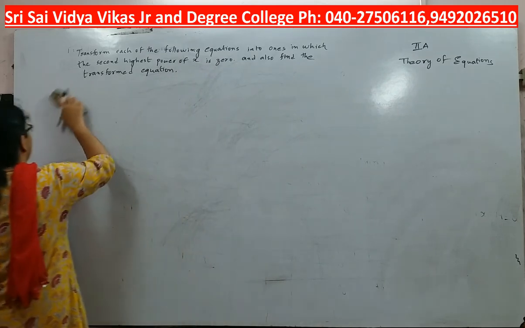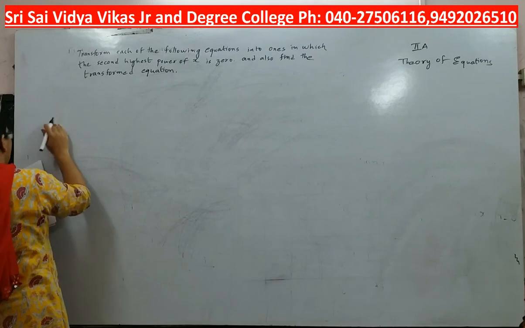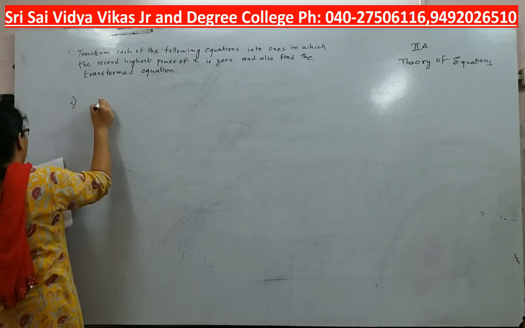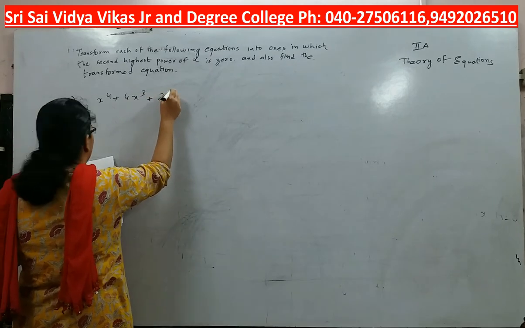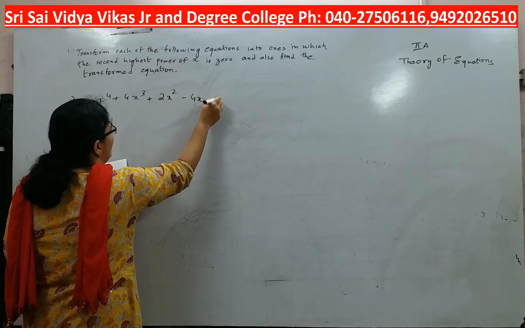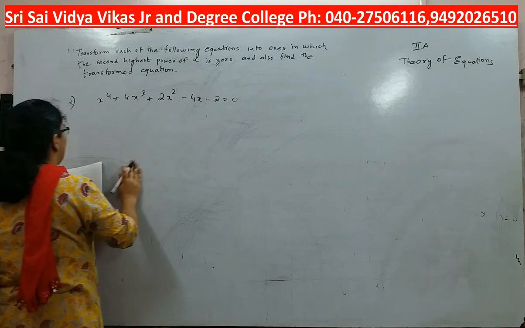Let us discuss the second problem. X power 4 plus 4x cube plus 2x square minus 4x minus 2 is equal to 0.